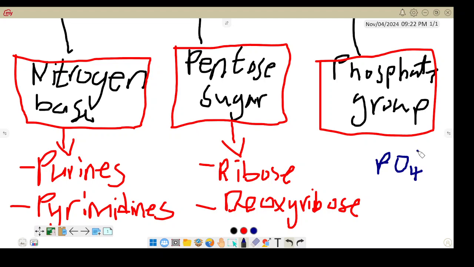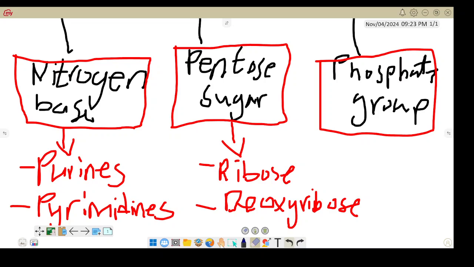The phosphate group should look like this. If we are to draw it, phosphorus is bonded to four oxygen atoms. We won't discuss much on the phosphate group, it will come in later.